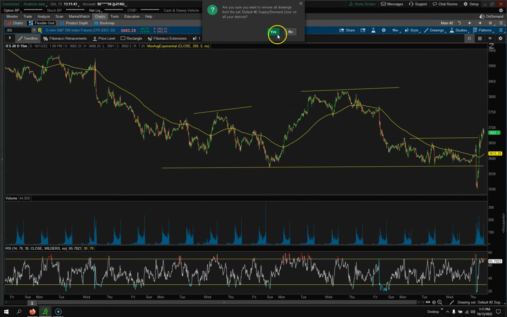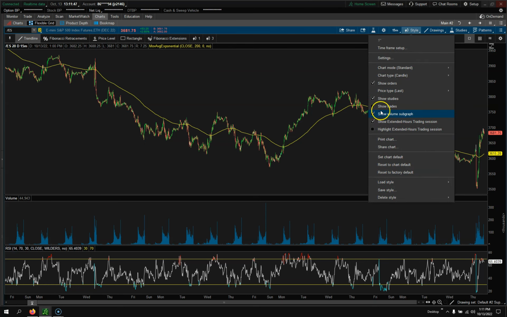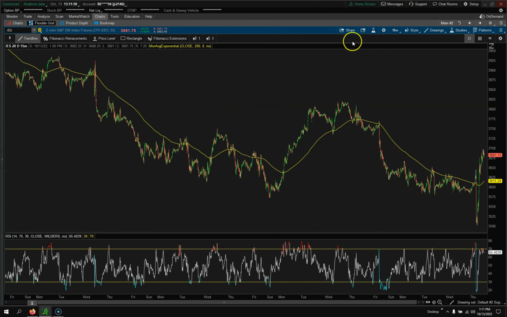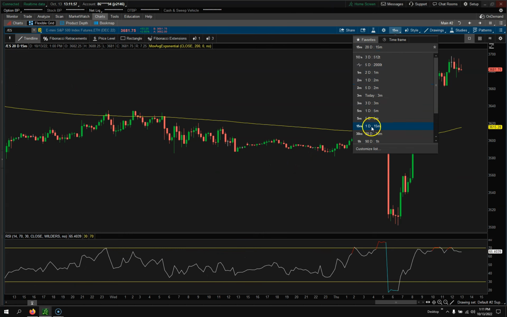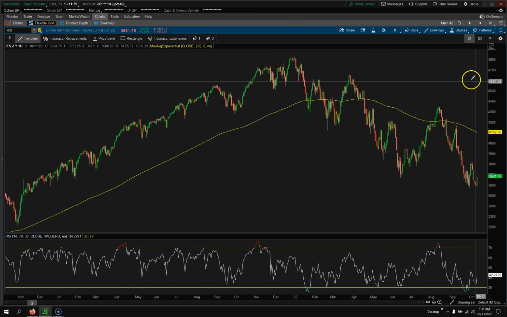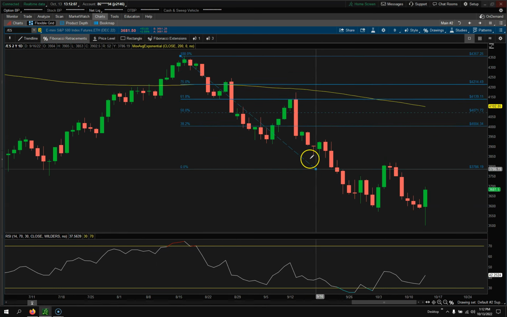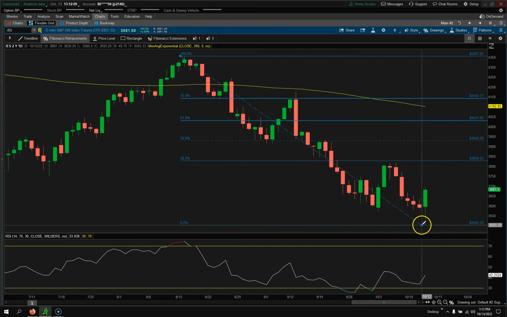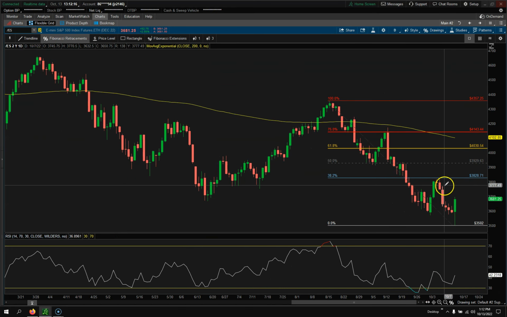Now, with that being said, how do you trade this? Because you're probably watching this after the fact. Okay, so let's get rid of the volume. The way you want to trade this is to grab a look at a daily chart. Grab your Fibonacci tool, and I would go from this high all the way down to this low right here, and draw a Fibonacci to see where resistance is.